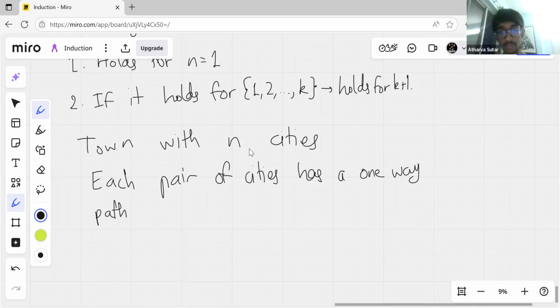This one-way path could be in any direction. So you want to show that there exists a path going through all cities.